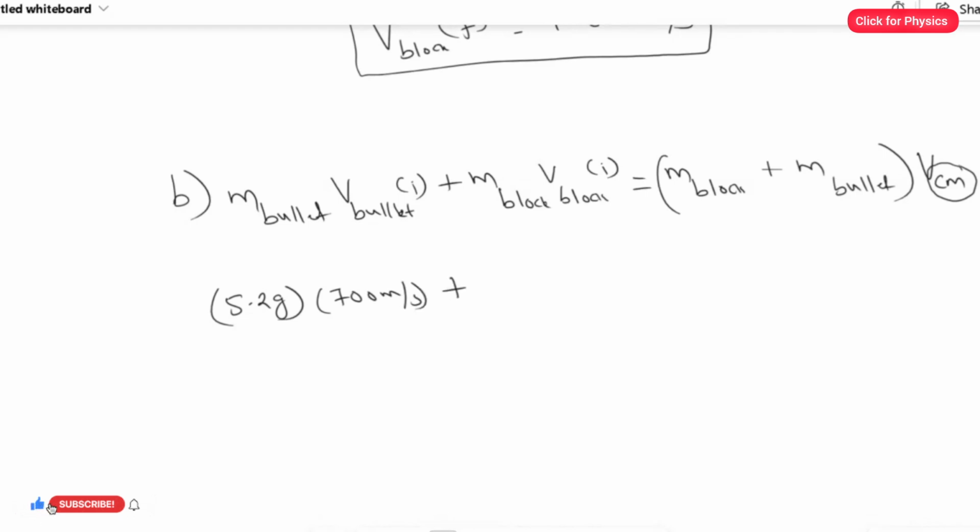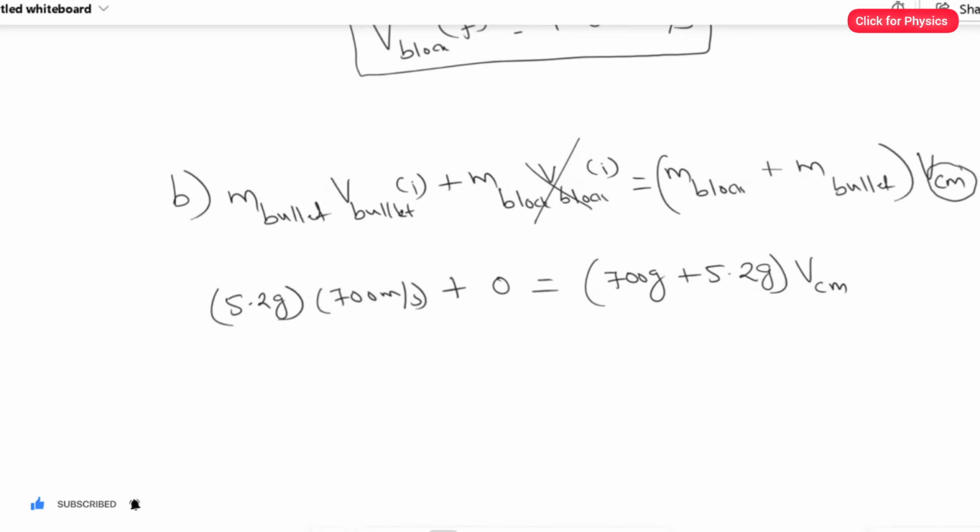The initial block speed is 0, so that term is 0, which is equal to the mass of the block, 700 gram, plus 5.2 gram. We have to find this speed center of mass.